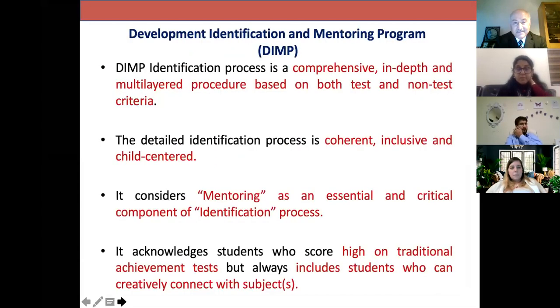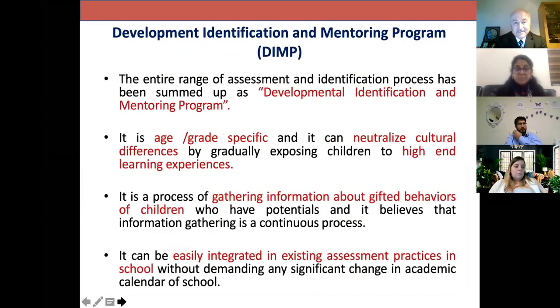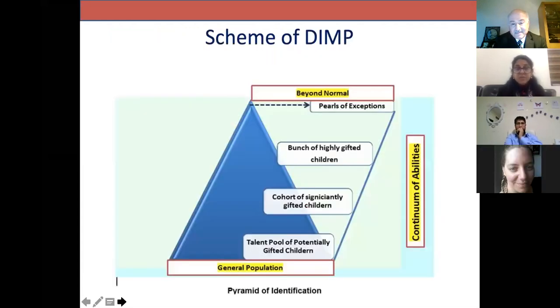We developed this identification process, and we call it the developmental identification and mentoring program. It is a comprehensive, multi-layered identification process, which is age specific and grade specific. And it is not based on just one criterion. There are multiple criteria on which we identify the child.